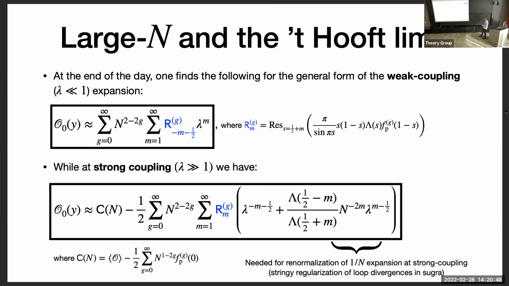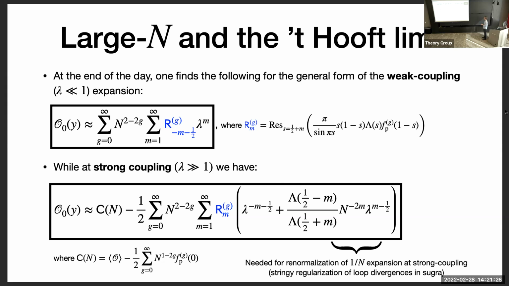So this is what I meant when I said that SL2Z reorganizes the 1 over N expansion. These have been observed before, and they have a nice interpretation. They're needed for the renormalization of the 1 over N expansion at strong coupling. Holographically, you can think of them as associated with the stringy regularization of loop divergences in supergravity. So at g equals 0, m equals 1, this goes like root lambda, and you can think of that as associated with the R to the 4 regularization of one loop supergravity from string theory, of course.